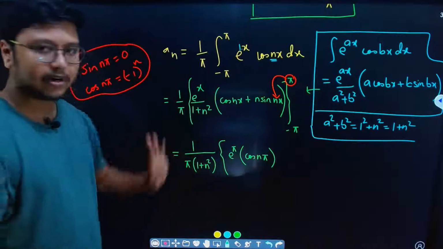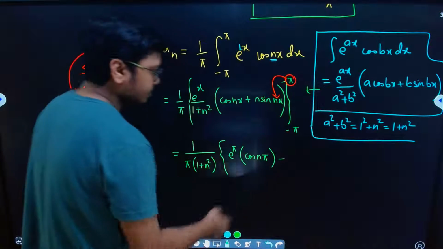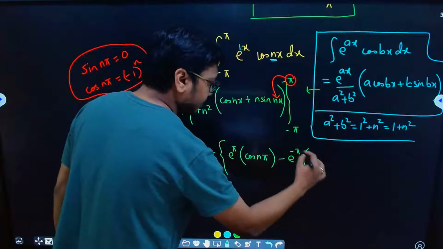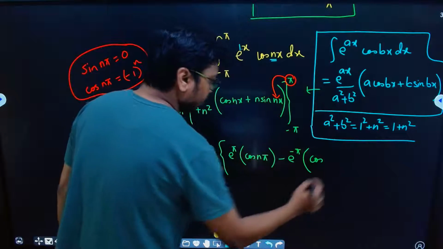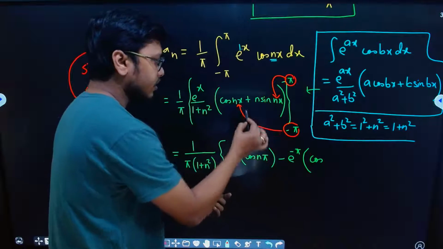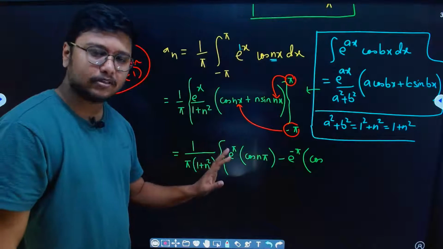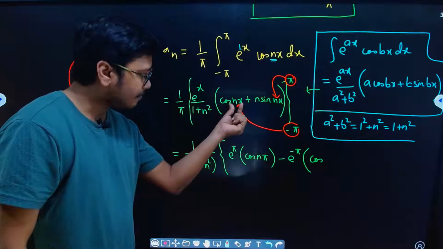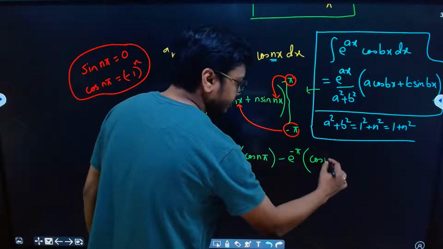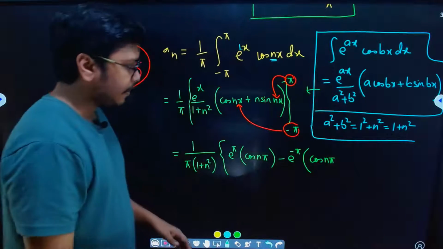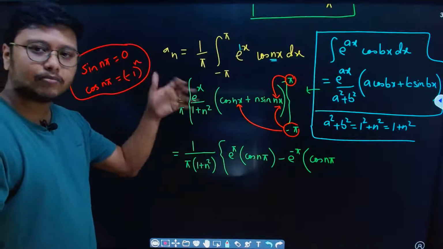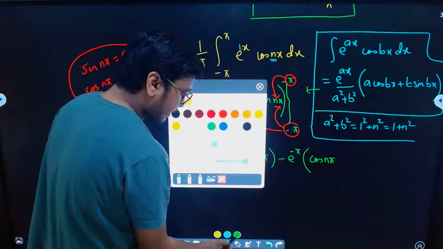So this is the upper limit I've put, minus, now putting the lower limit, e to the power minus pi cos of n pi. If I put minus pi in cos, minus gets absorbed in the cos, so simply I will have cos n pi. If I put the lower limit in place of sine, again sine n pi becomes 0, so again not writing the other part.